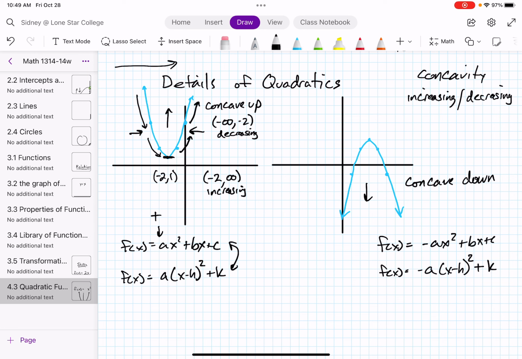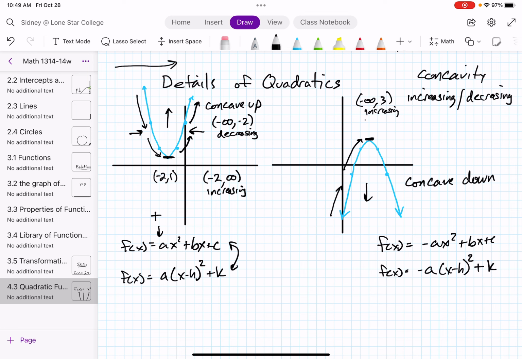Now, when we look at this concave down parabola, this one on the right, what you'll notice is from left to right, this is actually going up to begin with. So from -infinity all the way to its x-coordinate, which is at 3, it is increasing. And it once again flattens out just for a moment at the vertex.